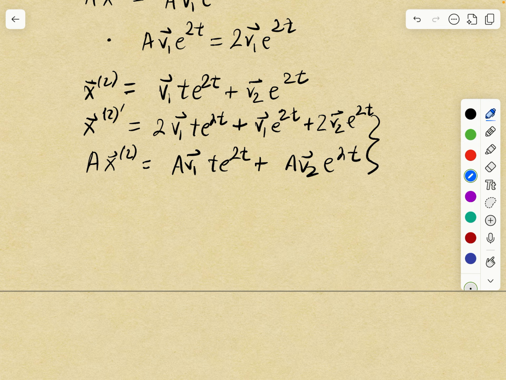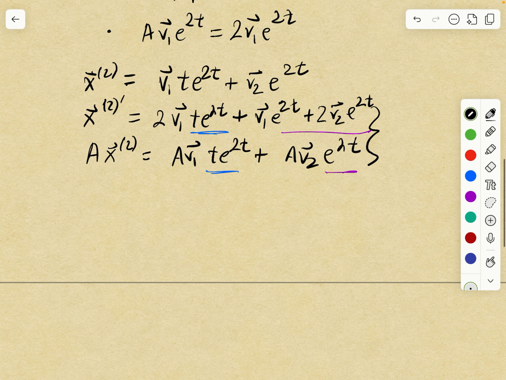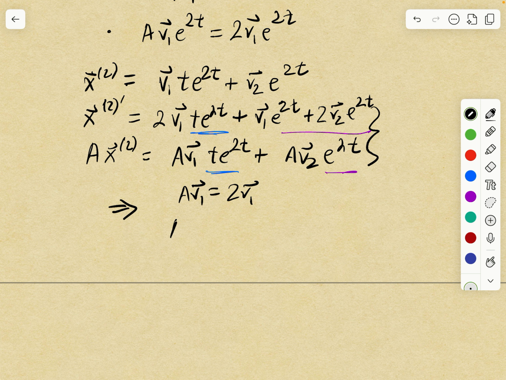Okay, so that's x2. When I look at my x2 and I set x2 prime equal to Ax2, I look at what's in front of the t e to the 2t's and the coefficient of the e to the 2t's, and when I match those together, this is going to tell me that Av1 equals 2v1 and Av2 equals v1 plus 2v2.